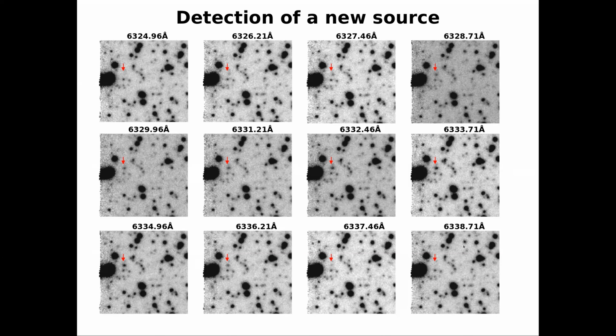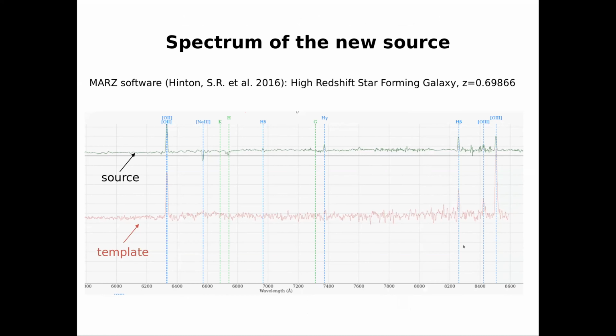So I took the spectrum of it, which is shown here in this green line, and I put it in the MART software, which is the software that compares your source spectrum with several templates. There are 5 templates for stars, 6 for galaxies, and 1 for AGN.